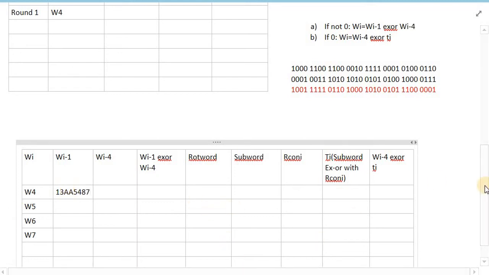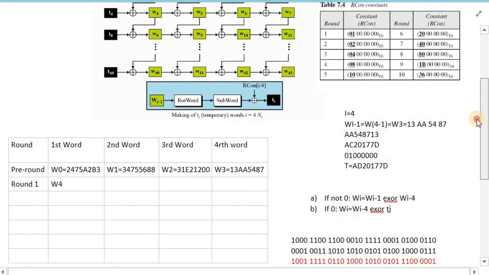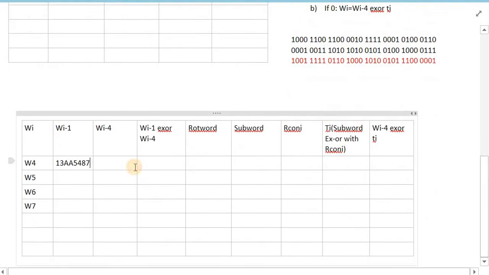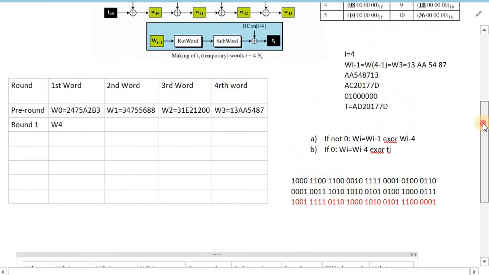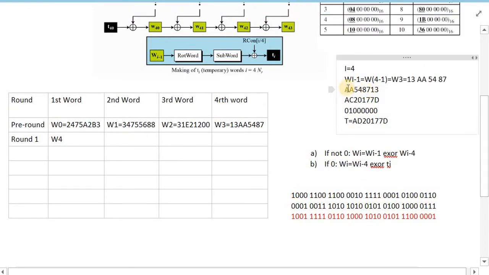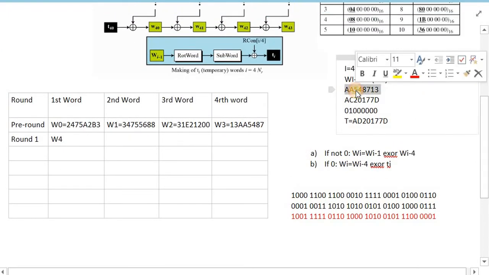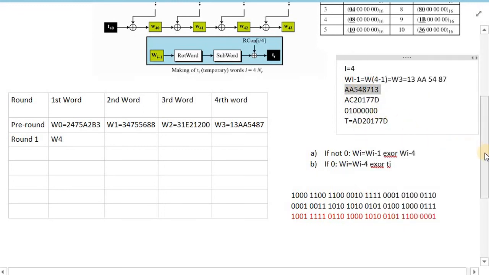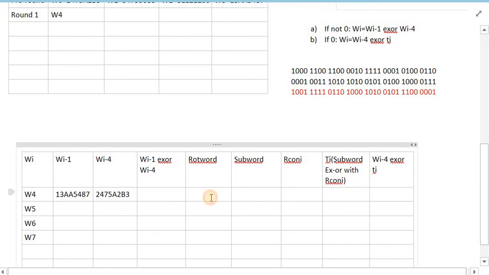What is W(i-4)? W(i-4) is W0, 2475A2B3. So W(i-1) XOR W(i-4) is not necessary. What is the root word answer? The root word answer is this one.